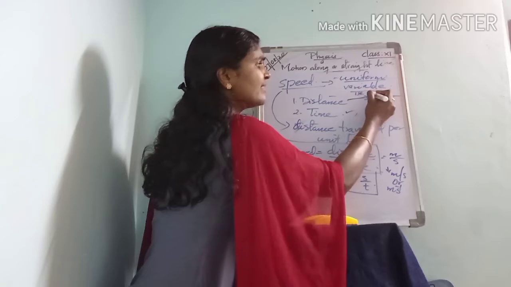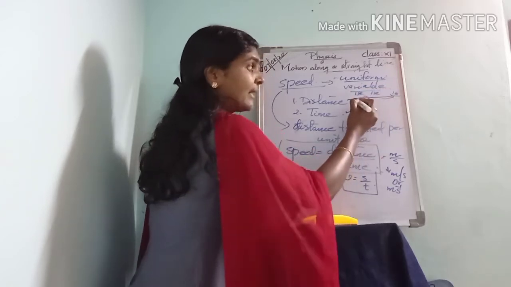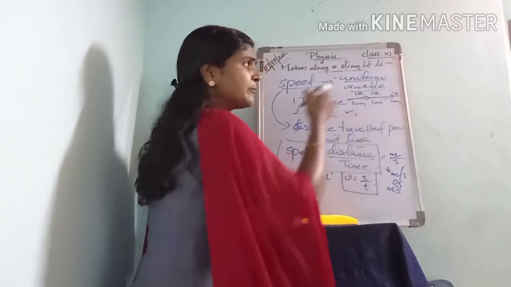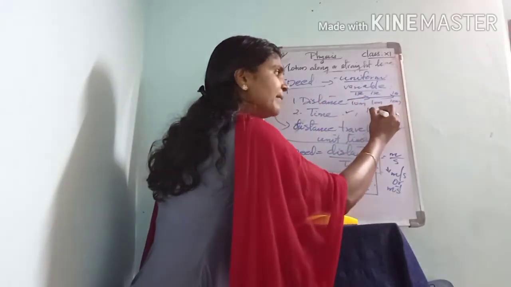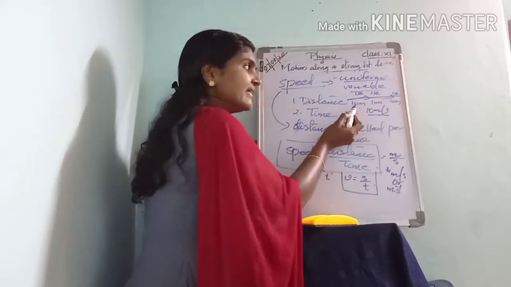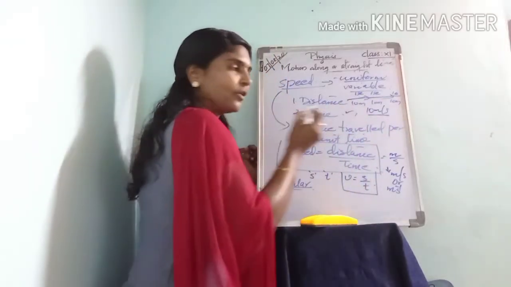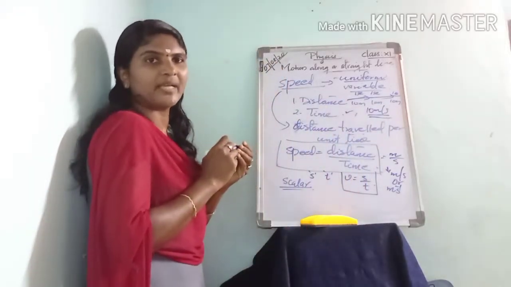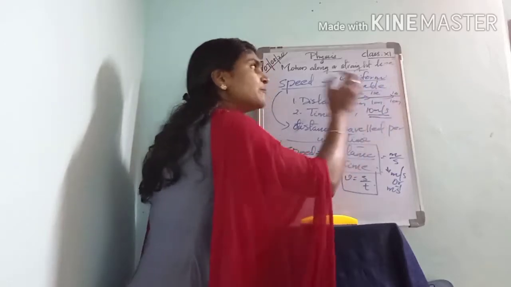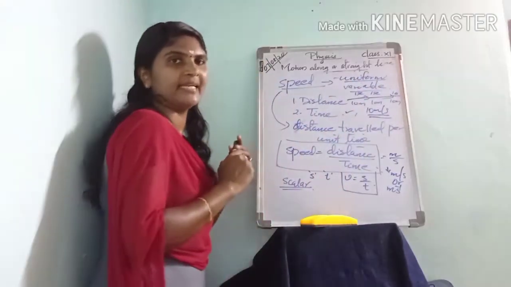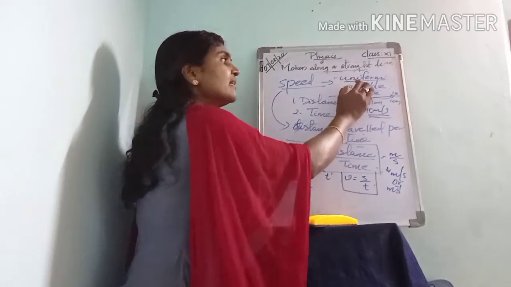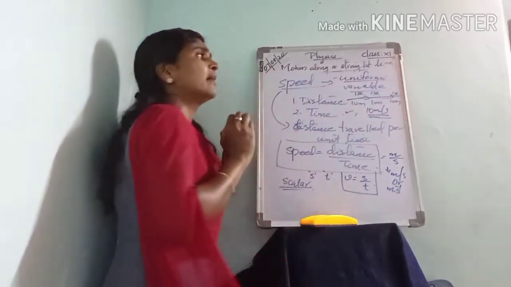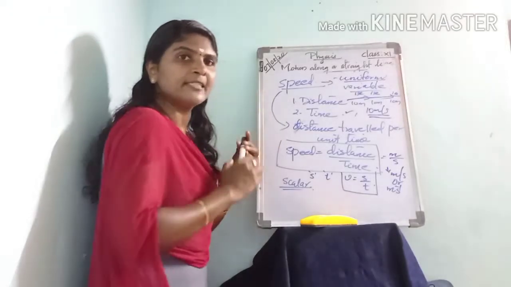For every 1 second, that car covers a distance of 10 meter. Then what is the speed of the car? Distance is 10 meter and the time is 1 second, so the speed of the car is 10 meter per second. It moves with a constant speed. When the object is in uniform motion, it moves with a uniform or constant speed.